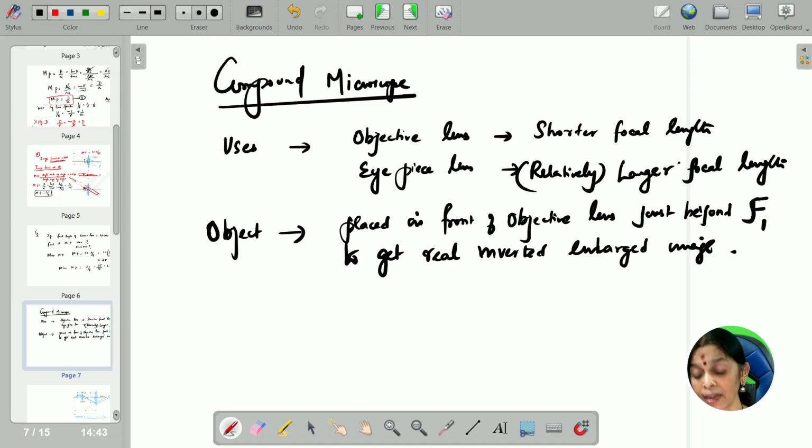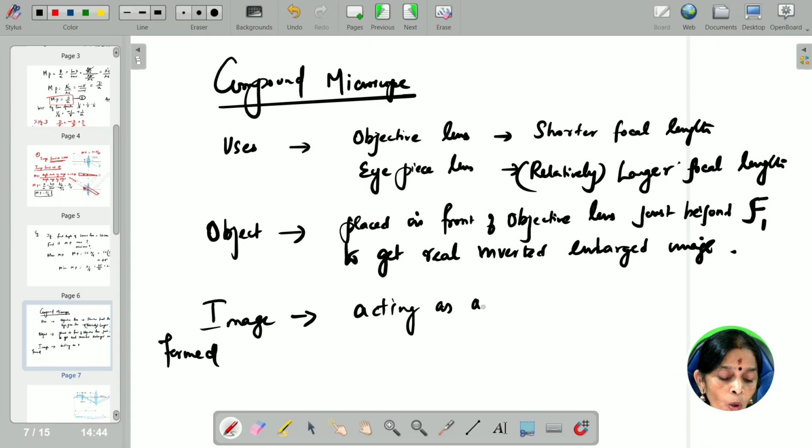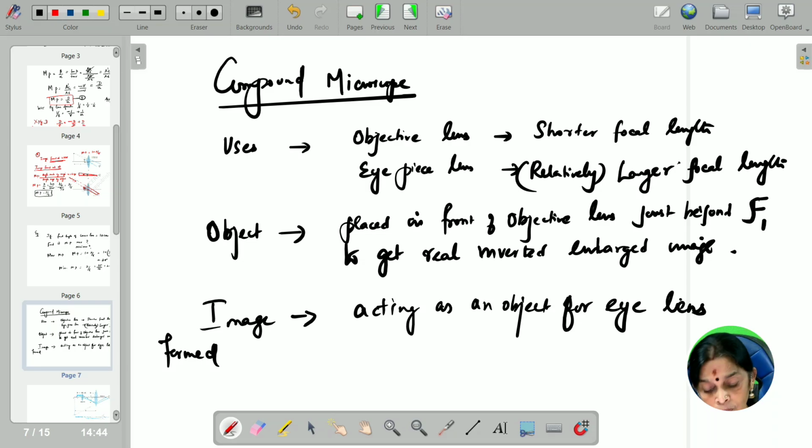This image obtained acts as an object. The image formed due to the objective lens is acting as an object for the eye lens. The final image is going to be an erect image with respect to the eye lens. So, let us see the eye lens.